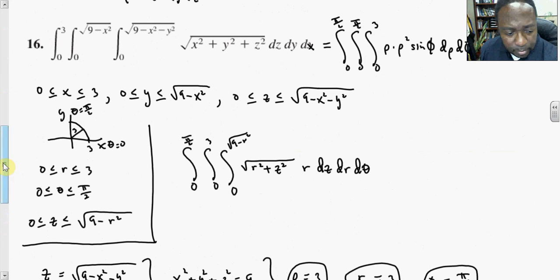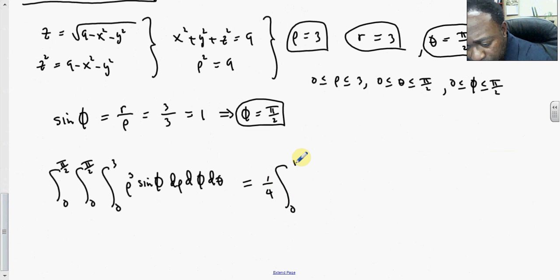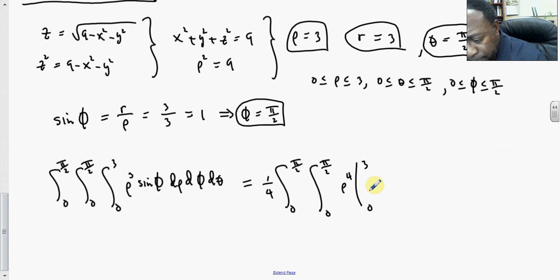Yes. So now we integrate with respect to rho. It gives us a 1/4, the integral from 0 to pi over 2, the integral from 0 to pi over 2. Here, this is rho to the 4th, evaluated from 0 to 3. This is sine phi d phi d theta.